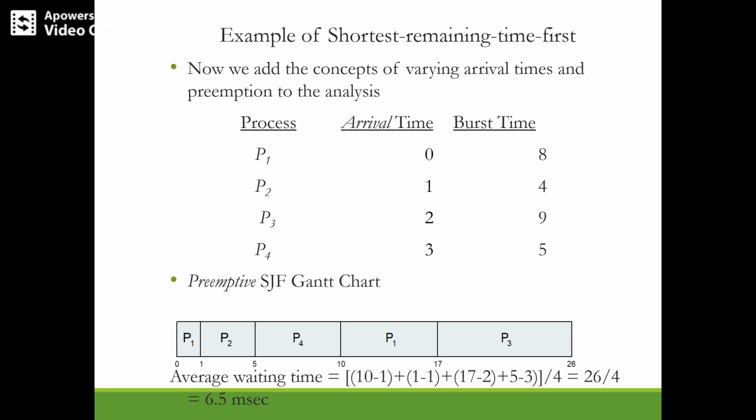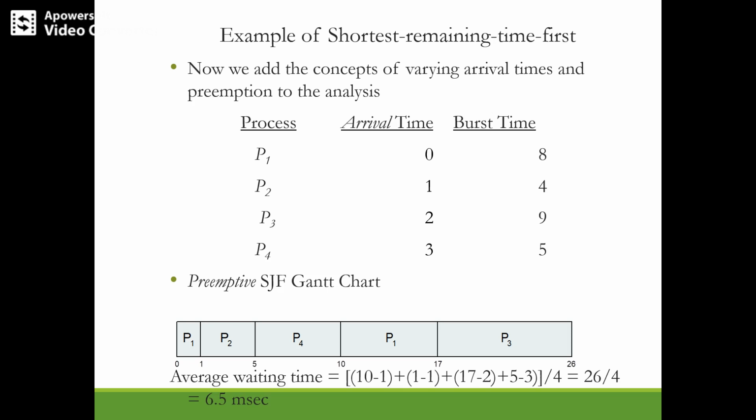Process P1 has arrival time 0, that means it arrives at 0, and the burst time is 8 milliseconds. Process P2 has arrival time 1, and the burst time is 4 milliseconds. Process P3 has arrival time 2 milliseconds and the burst time is 9 milliseconds. Process P4 has arrival time 3 and the burst time is 5 milliseconds.